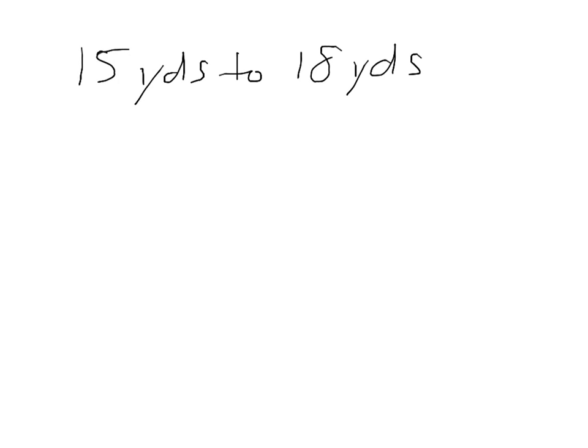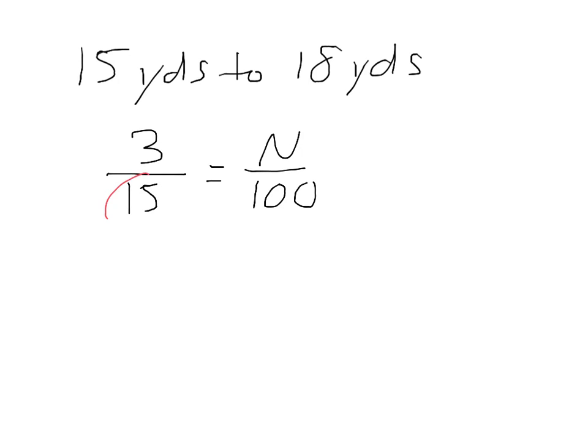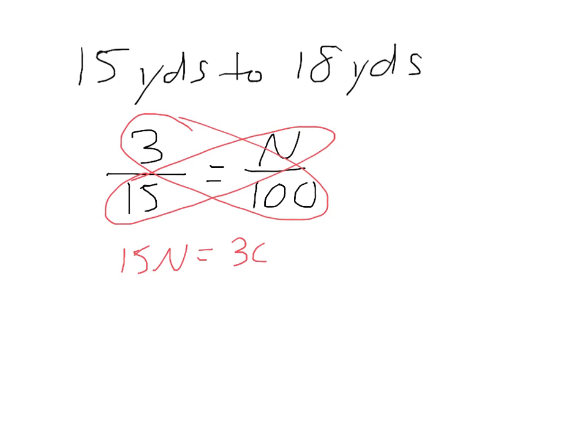If I do this, I start with the amount of change. What's the amount of change? 3 yards. What is the original distance? 15. And what do I set that equal to? N over 100. Now I will cross multiply. What's 15 times n? 15n equals 300.